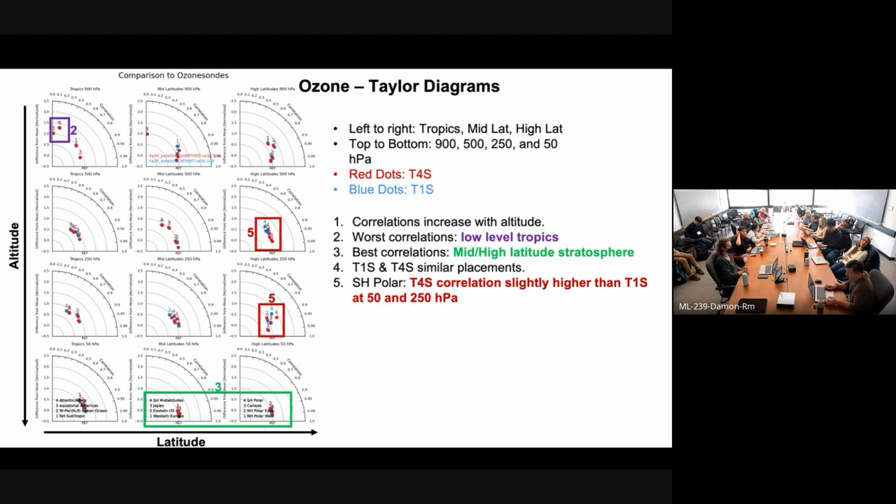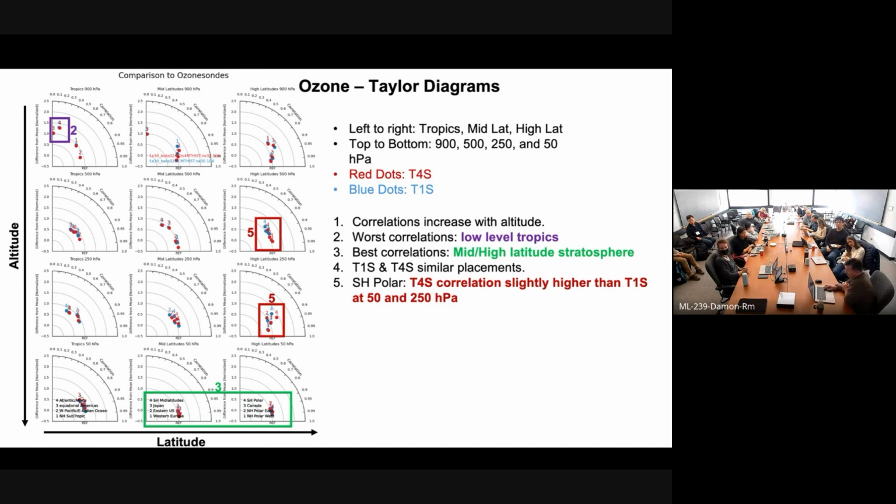So the top left, you're looking at the low level tropics, and bottom right, you're up into high latitude upper levels. And the red dots are our T4S run, the blue dots are our T1S run.